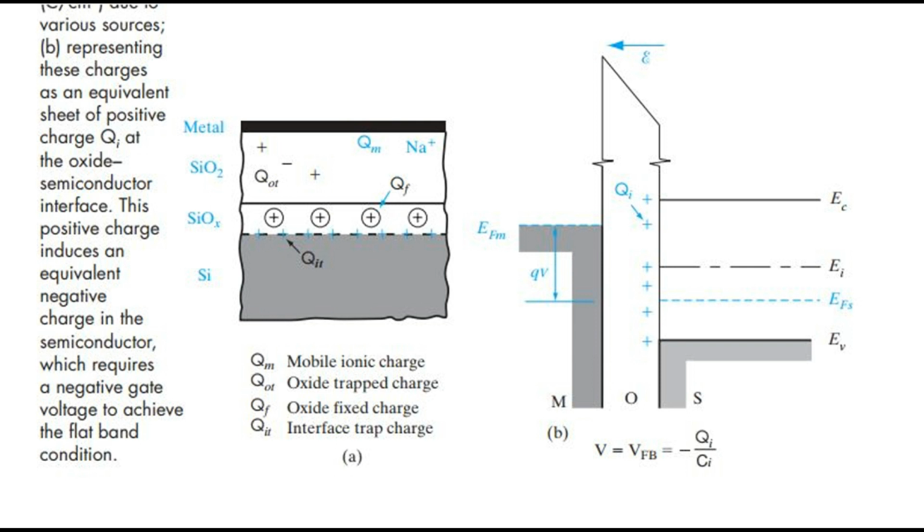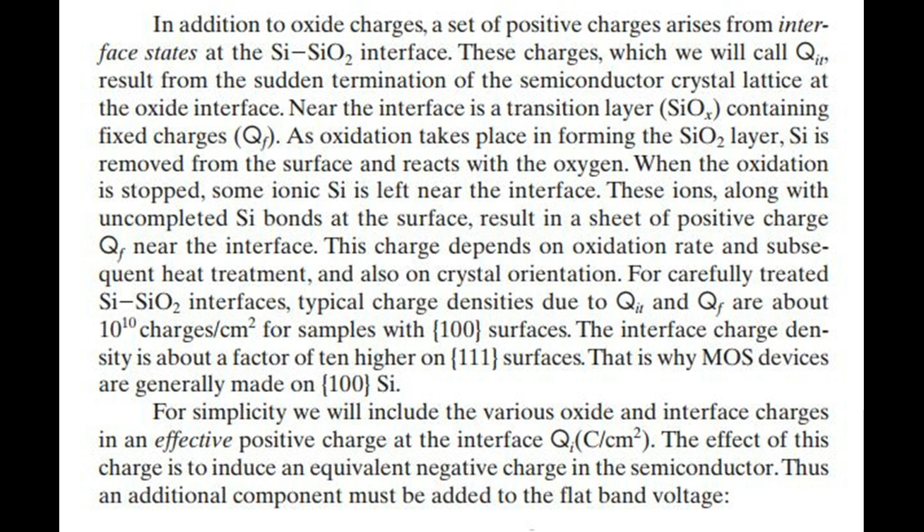Near the interface is a transition layer, oxidized silicon, containing fixed charges, QF. As oxidation takes place in forming the silicon dioxide layer, silicon is removed from the surface and reacts with the oxygen. When the oxidation is stopped, some ionic Si is left near the interface.